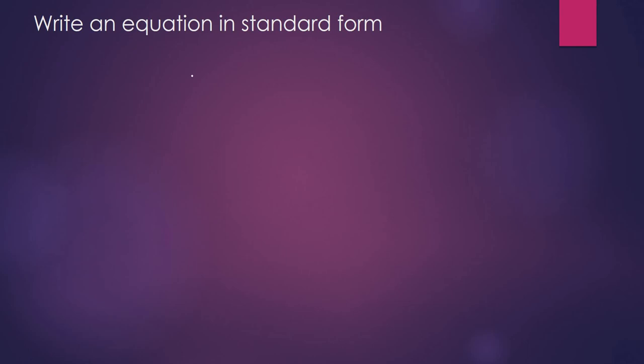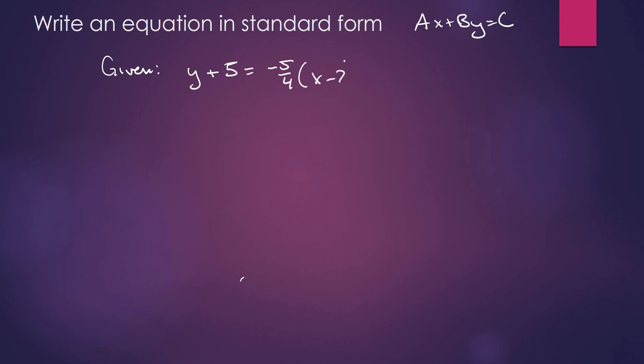Okay, write an equation in standard form. So immediately you should be thinking that this is the form you want to use. So let's say we have this as our given, y plus 5 equals -5/4 times x minus 2. And I want to write this in standard form. First of all, my question is, what form is this in right now?